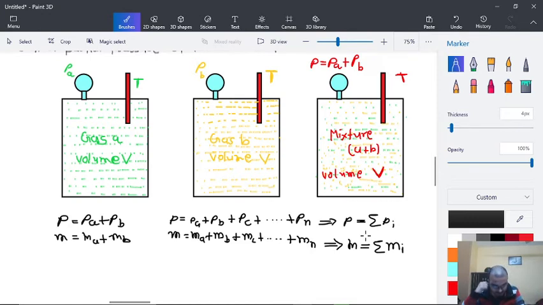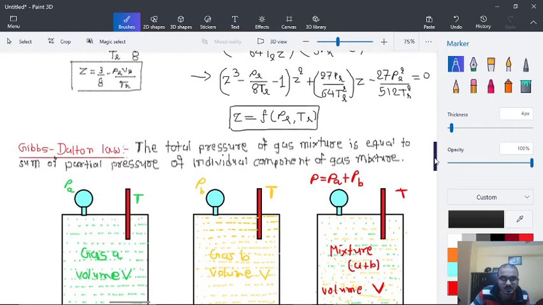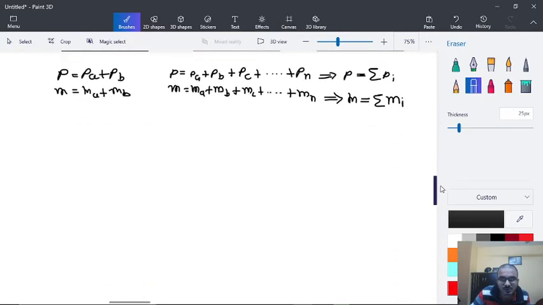This is actually Dalton's law, and now Gibbs has modified this to give us the Gibbs-Dalton law.